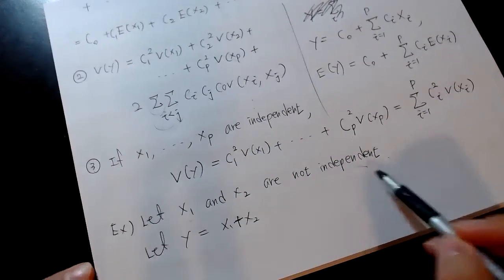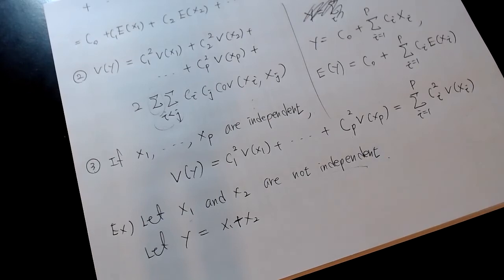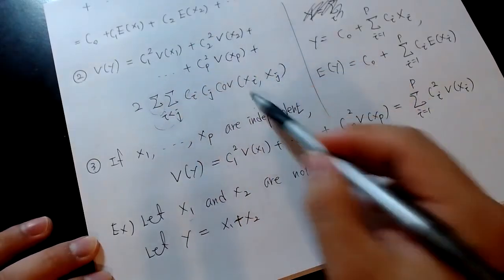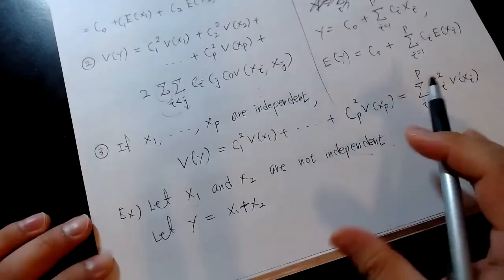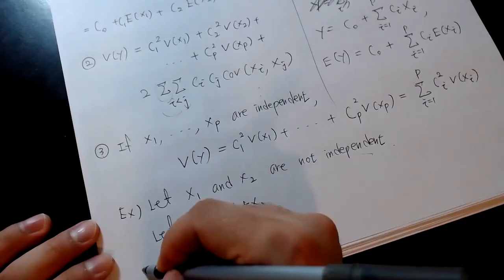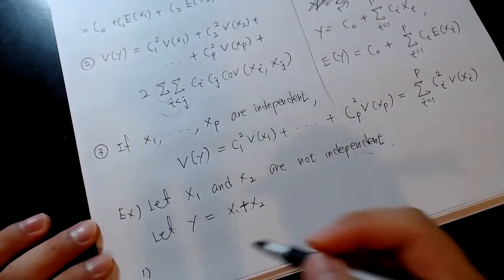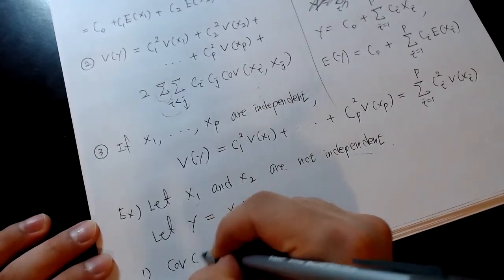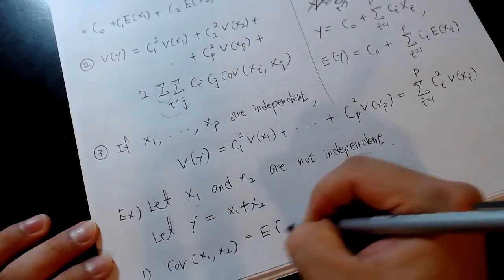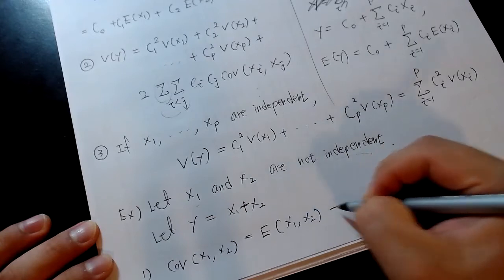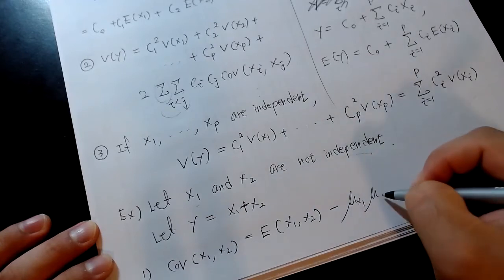What does that mean then? When you find the variance, you have to apply this formula, not the independent one. First, let's find the covariance of x1, x2. That is the expected value of x1 x2 minus mu x1 mu x2.